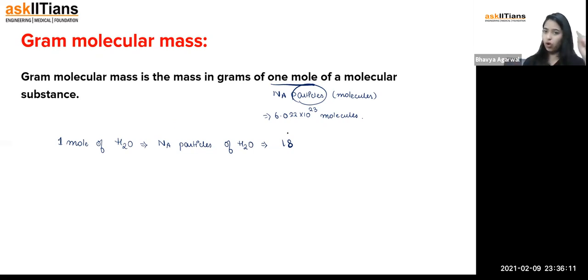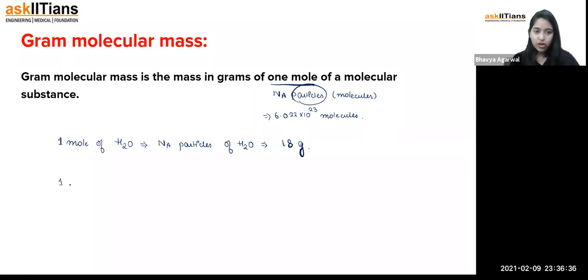So that will give you always the same number with the units being gram. So as per the definitions, gram molecular mass simply refers to the mass of a substance in grams. Right? So 1 mole of water means Avogadro number of particles of water, which means 18 grams of water.